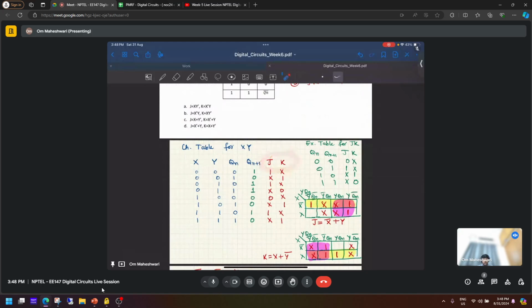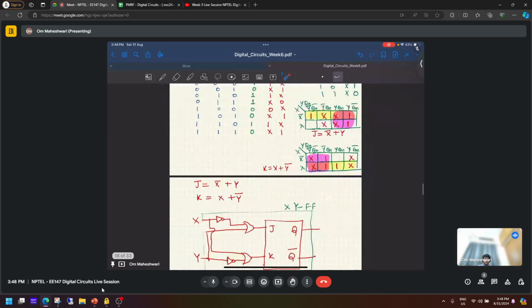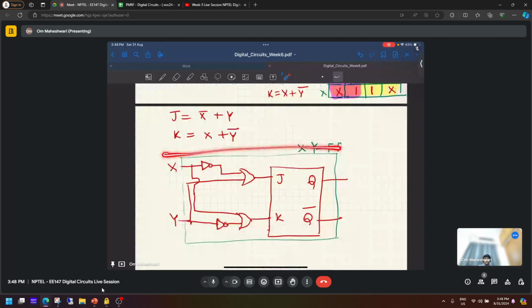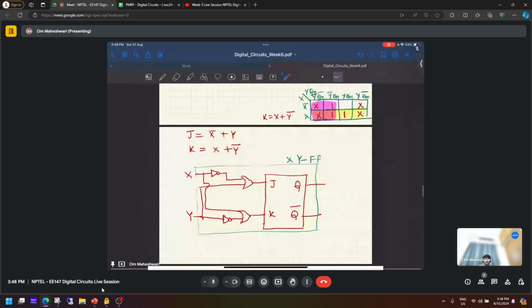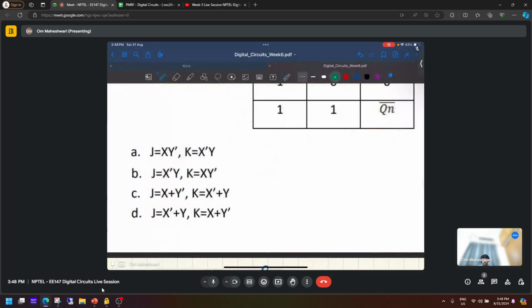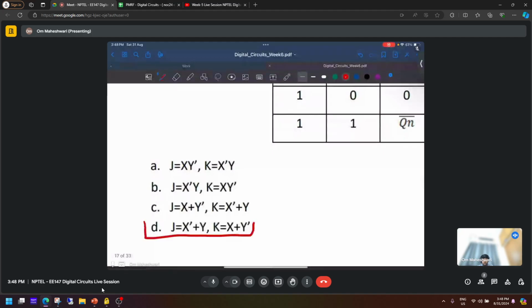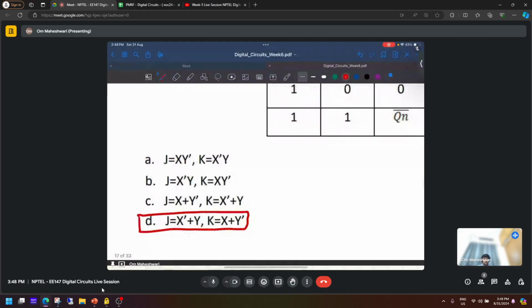And then write JK in terms of XY and QN. And then we have our XY flip-flop made from JK flip-flop. So our answer is D option, J equals to X bar plus Y and K equals to X plus Y bar.